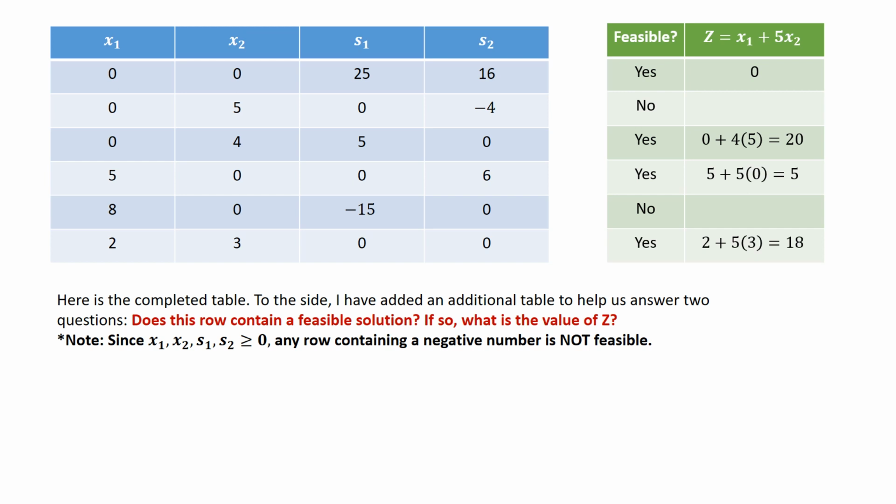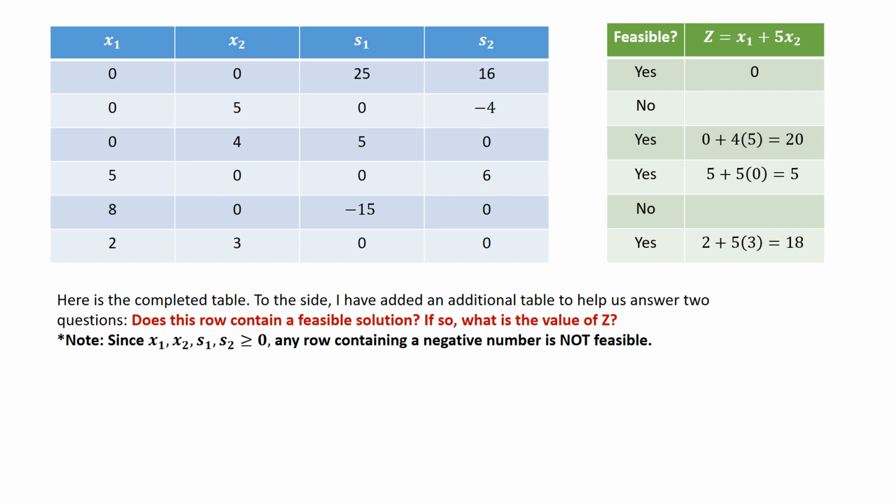Now note, since x1, x2, s1, and s2 have to be greater than or equal to 0, any row containing a negative number is not feasible. So because the first row does not contain a negative number, it is a feasible solution. So if I were to plug x1 and x2 into z, I get 0.